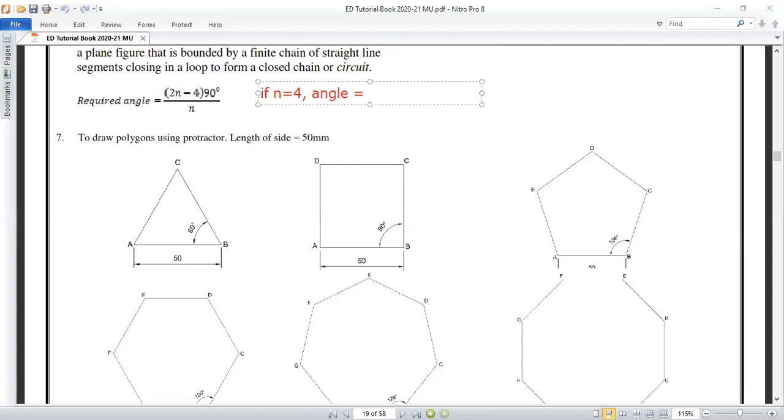Angle is equal to 2 into 4, 4 into 2, it means 8. 8 minus 4, 4. 4 multiplied by 90, 360. 360 divided by 4. So angle is equal to how much? 90. So if you have 4 sides it is a square, and the angle should be 90.